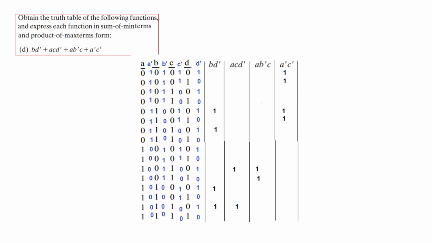Okay, sorry, I missed C. A is 1 here and C is 1 now here. C is 1 here and D dash, so we write a 1 here. Similarly, A, C is 1 here and D dash is 1 here, so I write it here. So only 2 terms in this. You have to be really careful in writing and choosing.